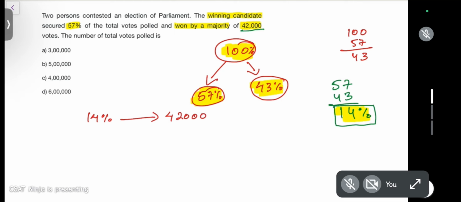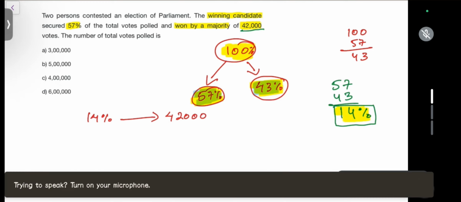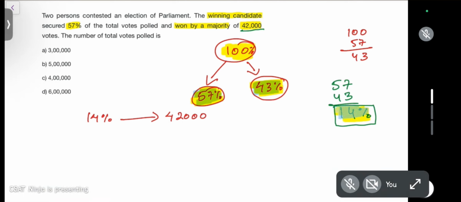So I'll repeat again here: 57% and 43%, which means there is a certain percentage difference. The percentage difference here is 14%, and according to the question, there is a difference of 42,000 votes, which means this 14% is nothing but 42,000. So 1% is how much? 1% is 42,000 divided by 14.